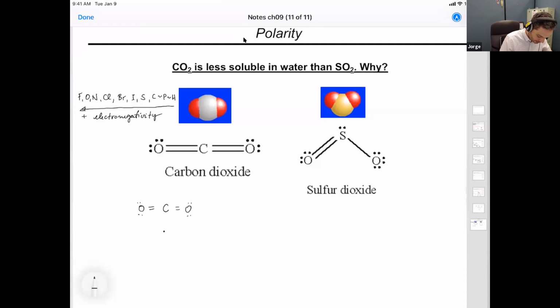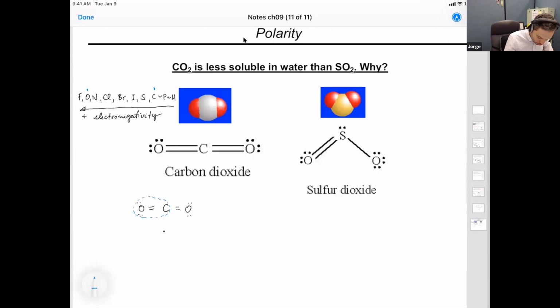So let's first analyze the left side of the compound. So we have here carbon and oxygen. So carbon is right here. Oxygen is basically on the opposite of the scale. Therefore, oxygen wins the battle.